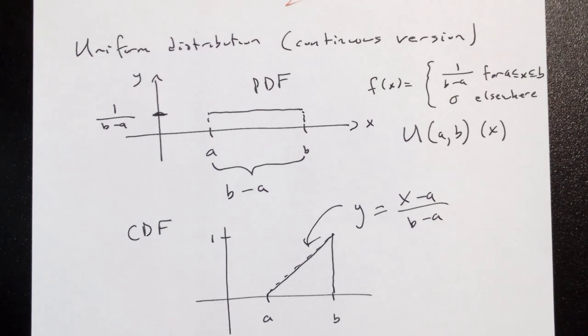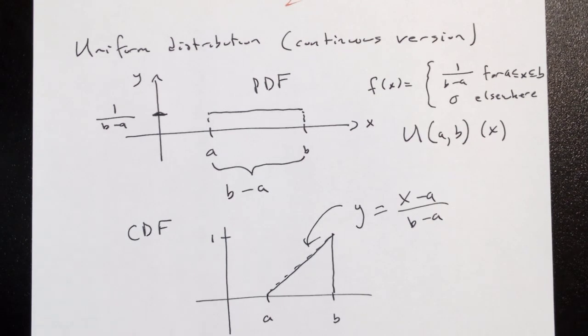Now, here's the fun part. Something I haven't mentioned yet. If this is a PDF, what did we do with our PDFs in the homework for chapter 6? We asked about their means. We asked about their standard deviations. And we had formulas for those standard deviations and means.